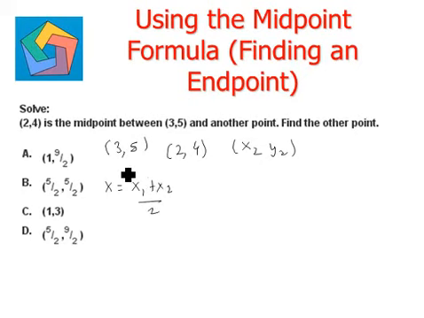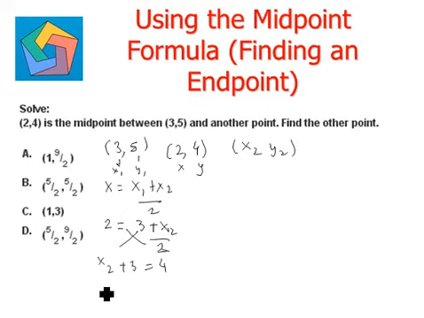Now my x1 is 3, y1 is 5, x is 2, y is 4, and x2 and y2 are to find out. x equals 2, x1 is 3 plus x2 divided by 2. We cross multiply. x2 plus 3 equals 4. Subtracting 3 from both sides, I get x2 equals 4 minus 3, which equals 1.